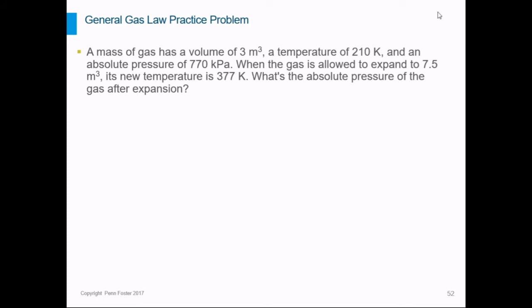where we have got all three variables changing at once. So we have a volume to start, our starting volume, our original temperature, and our original pressure. So we put those in for this side of the formula, and then we have our new volume and our new temperature, and we're trying to find the new pressure.